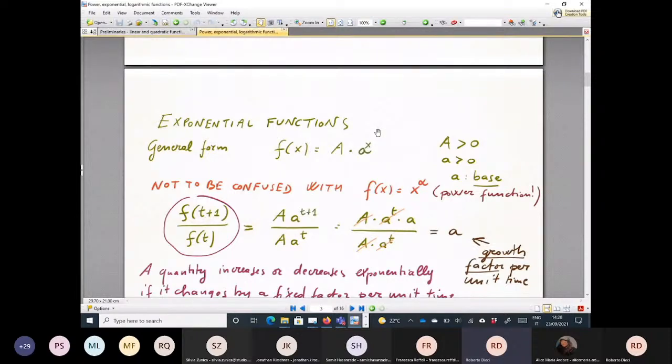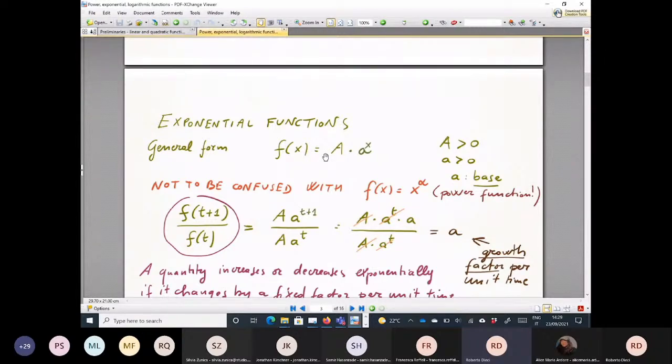Of course, then you may have a different type. You can extend to random environments, but basically we have exponential functions and logarithms, which is the mirror image of the exponential function. Okay, so first of all, the general form of an exponential function is again like this: a capital A constant, which for simplicity we take positive, but if we take it negative, everything is mirrored by the horizontal axis, okay?